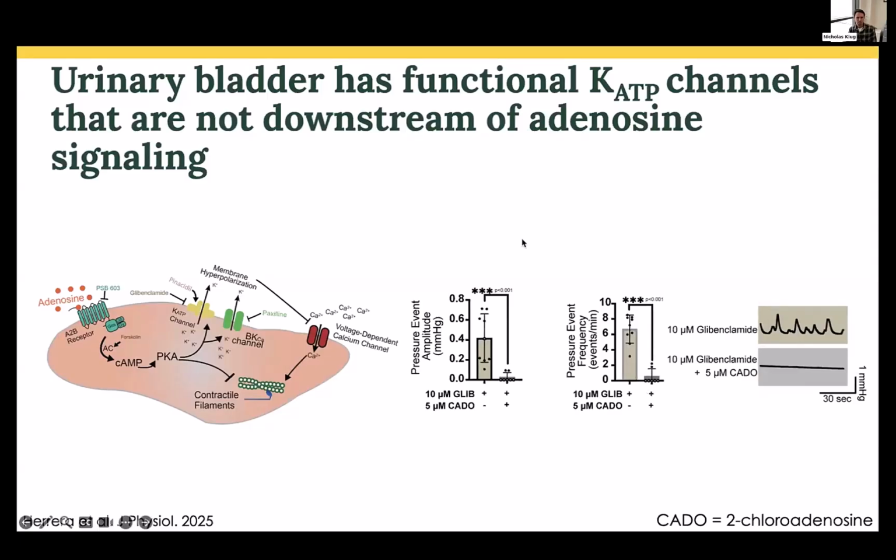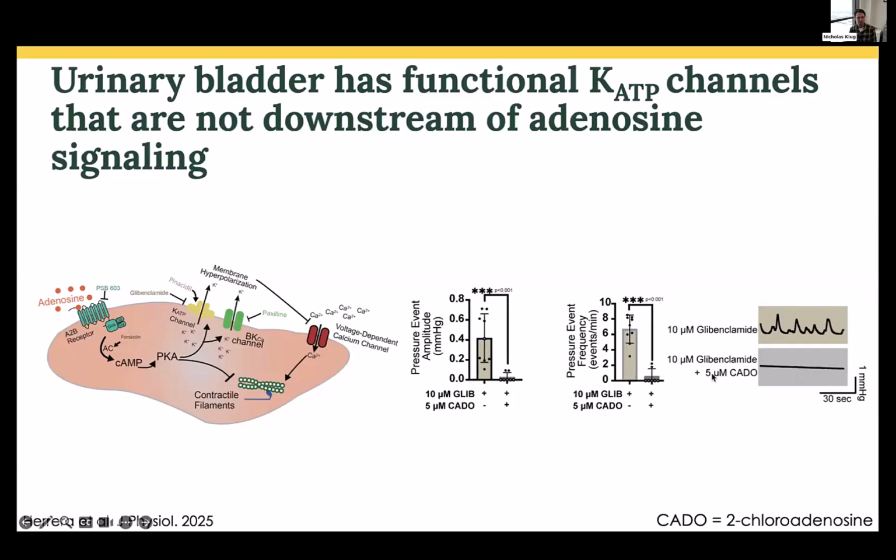But to our surprise, we saw that blocking the KATP channel did not really do anything. We thought that if adenosine was activating the KATP channel through PKA, then blocking this channel with glibenclamide and adding adenosine back into the system, we would still see these transient pressure events.